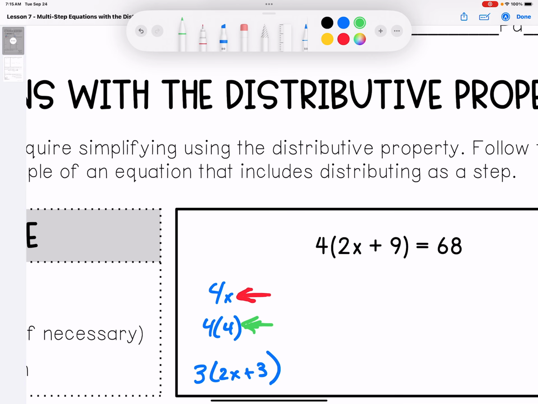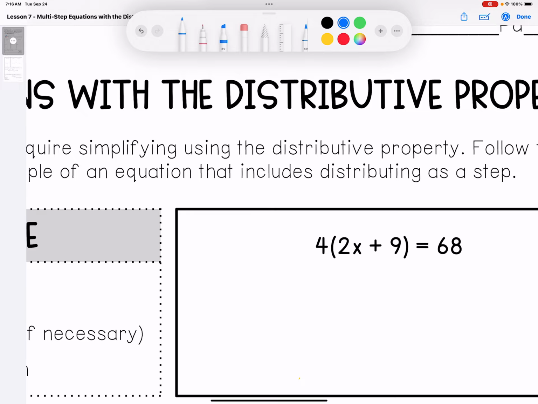That is just writing multiplication. That is not the distributive property. It's just one number in parentheses times the number on the outside. Instead of writing it like this, we write it like that in algebra. Okay? This in yellow is distributive property, which is what we're about to do today. Just wanted to clear that up real quick.